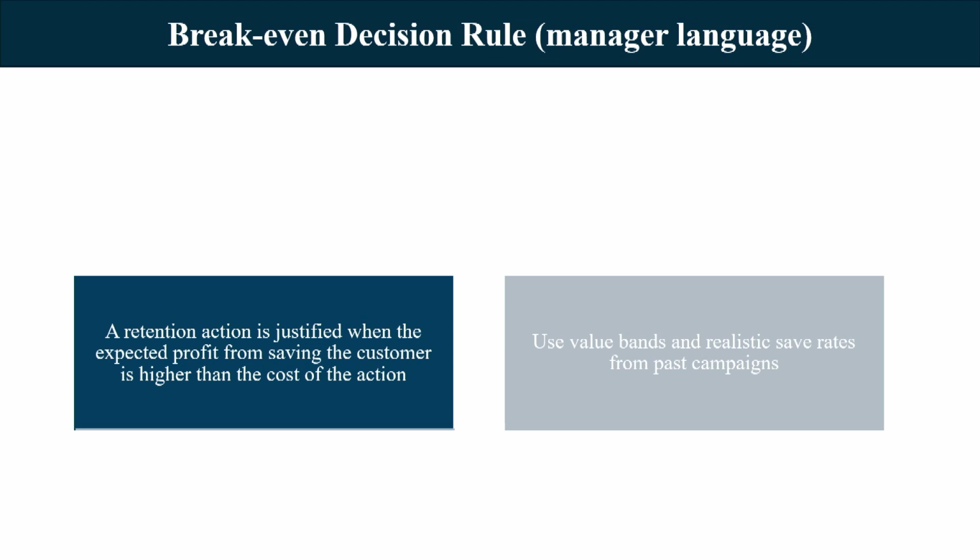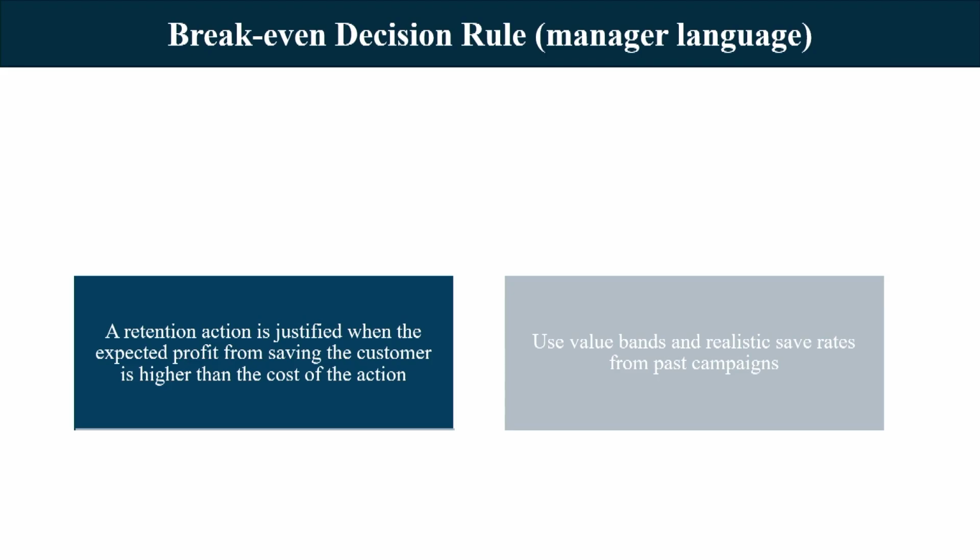Managers will only understand this language. A retention action is justified when the expected profit from saving the customer is higher than the cost of action. That calculation has to be done.